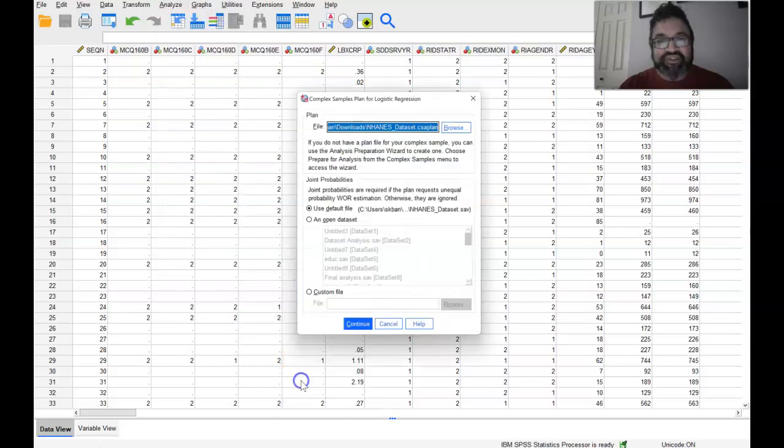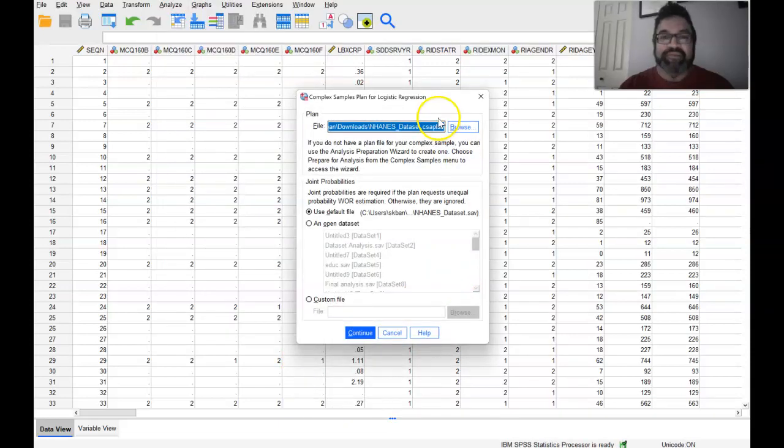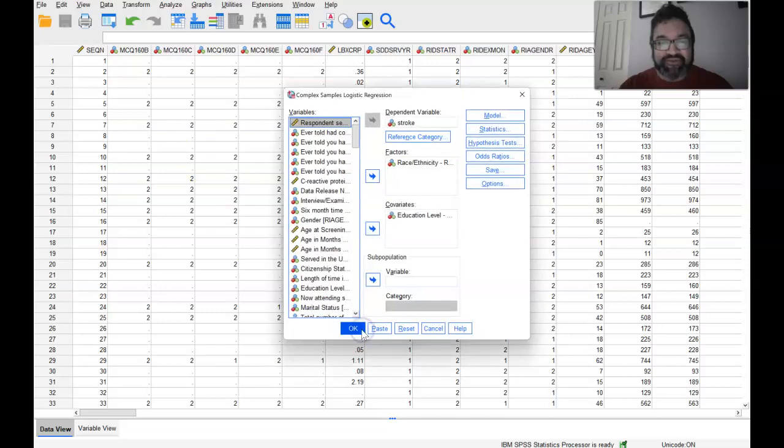So if we go into logistic regression, make sure that the CSA plan is the plan that you want to work on within the data set. And here, this is what we had named it. So hit continue, and then after hitting continue, we can try out a model.